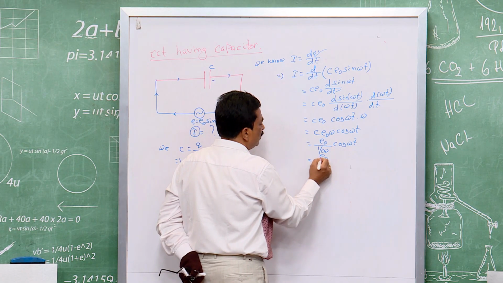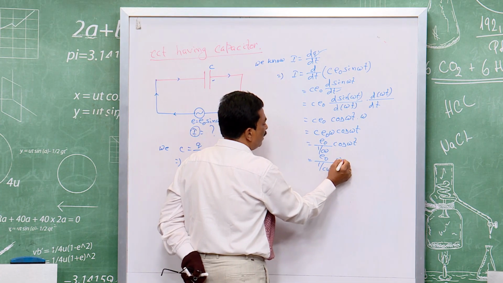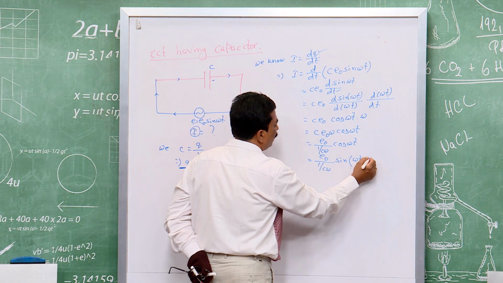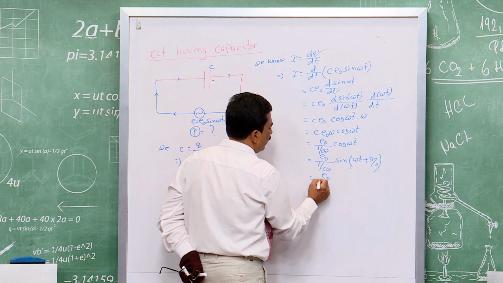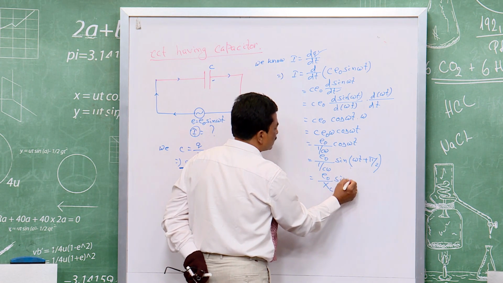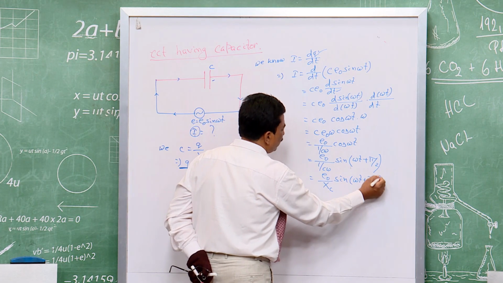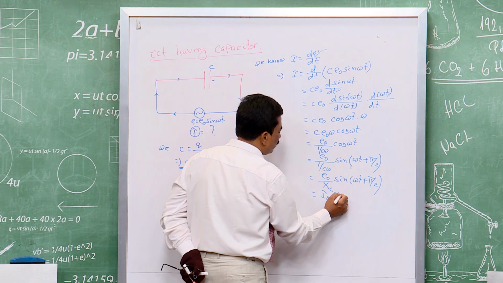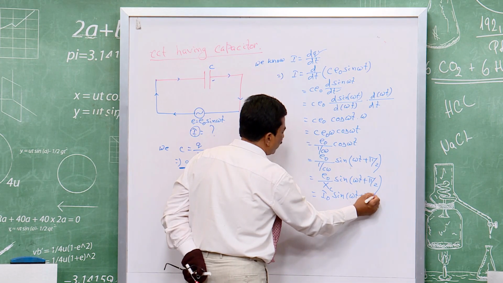That is equal to E0 by 1 by C omega of sin omega t plus pi by 2. So this is equal to E0 by something of sin omega t plus pi by 2, and this is equal to I0 sin omega t plus pi by 2.